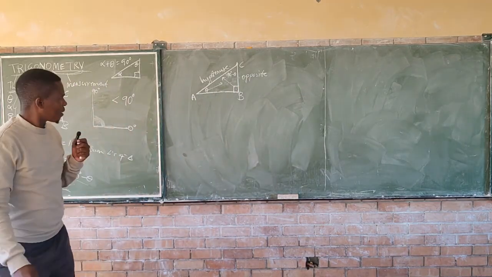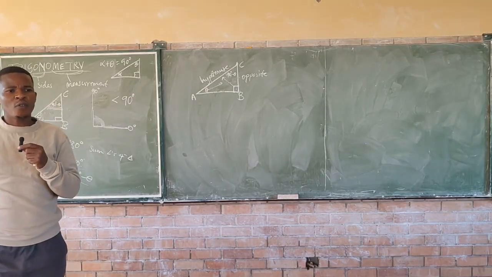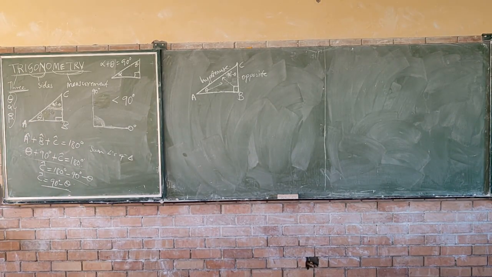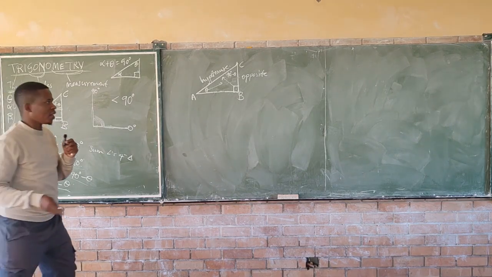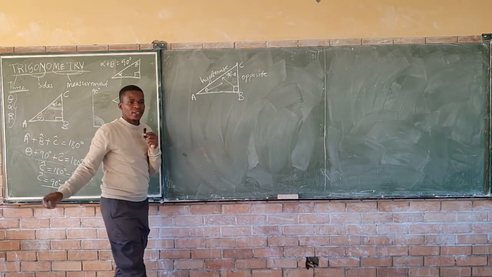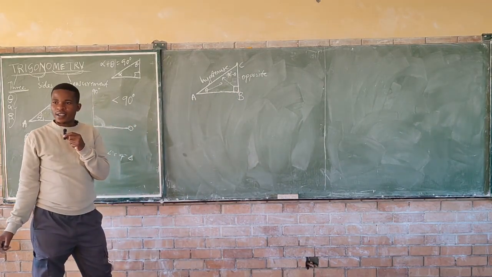Now, what can you say about the opposite? Of course, the opposite will be the line connected to 90 degrees. The line should be connected to the 90 degrees, and there are two lines connected to 90, this AB and that one. Is that clear?